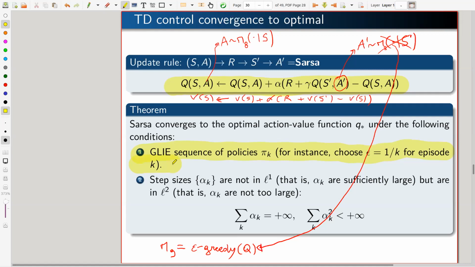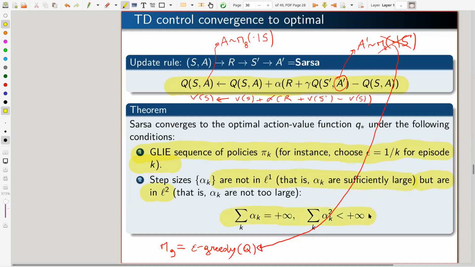And the next condition is a common condition in stochastic approximation theory. This is the one I was telling you before, that the step sizes, the learning rates, must be a sequence that is large, that means they are not converging in L1 norm, but they are not too large, that means they are in L2.